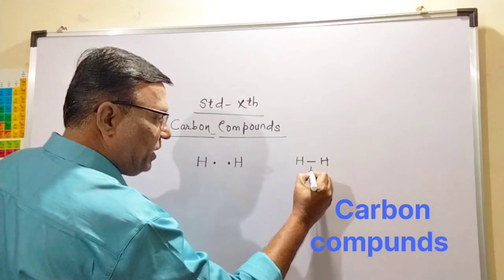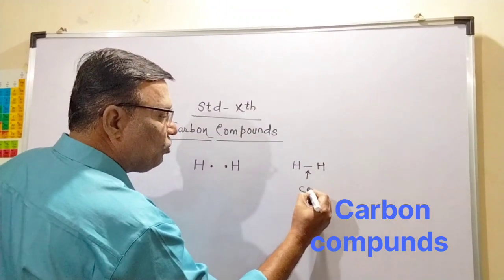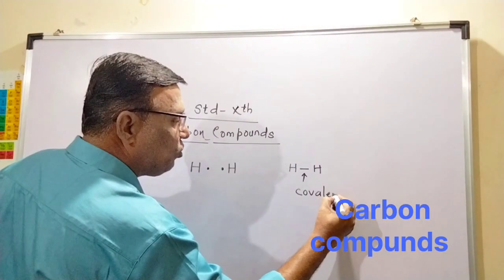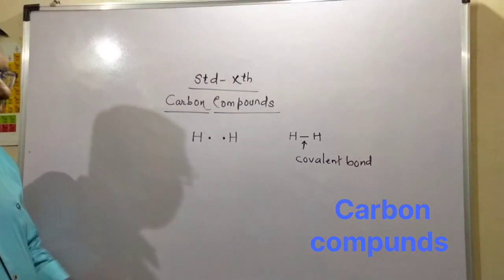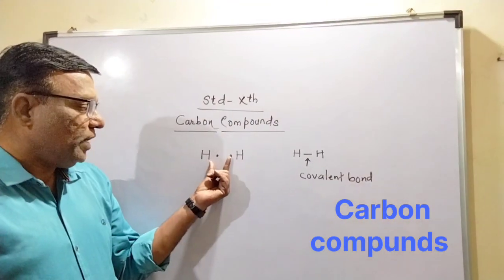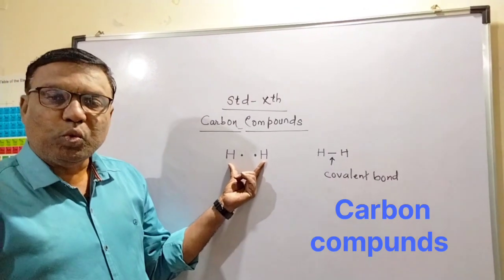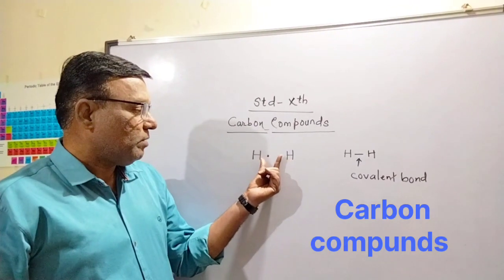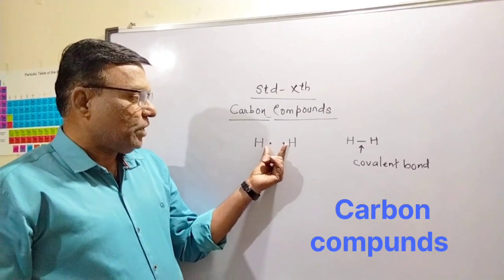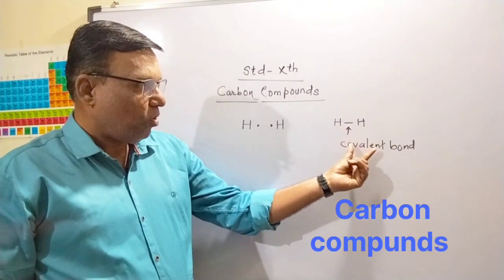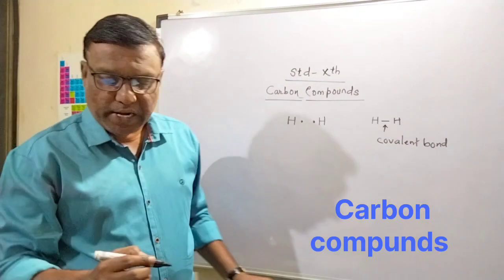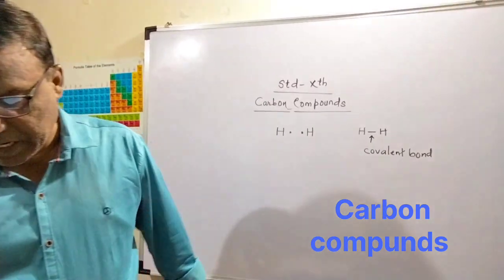This bond is called a covalent bond. So first we have to understand covalent bond. A covalent bond is formed by sharing of two electrons between two atoms. When a single chemical bond is formed by sharing of two electrons, that is called a covalent bond.